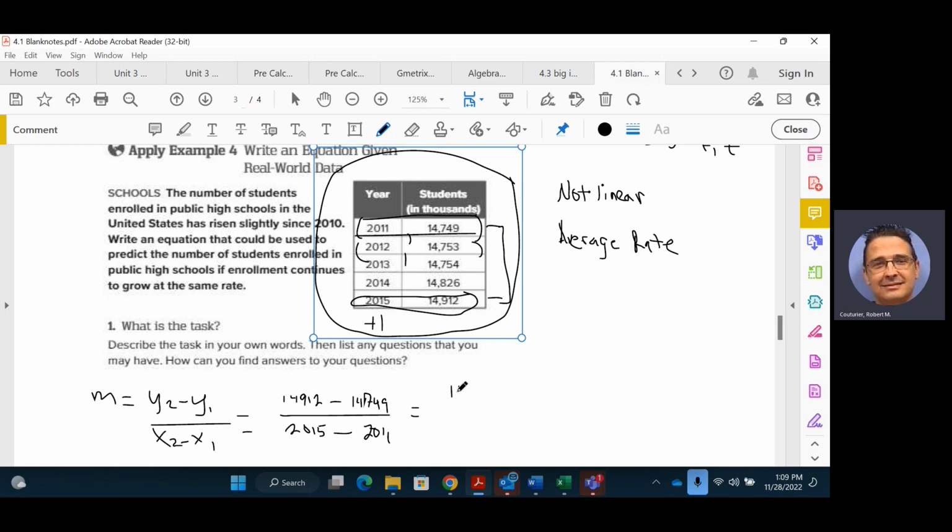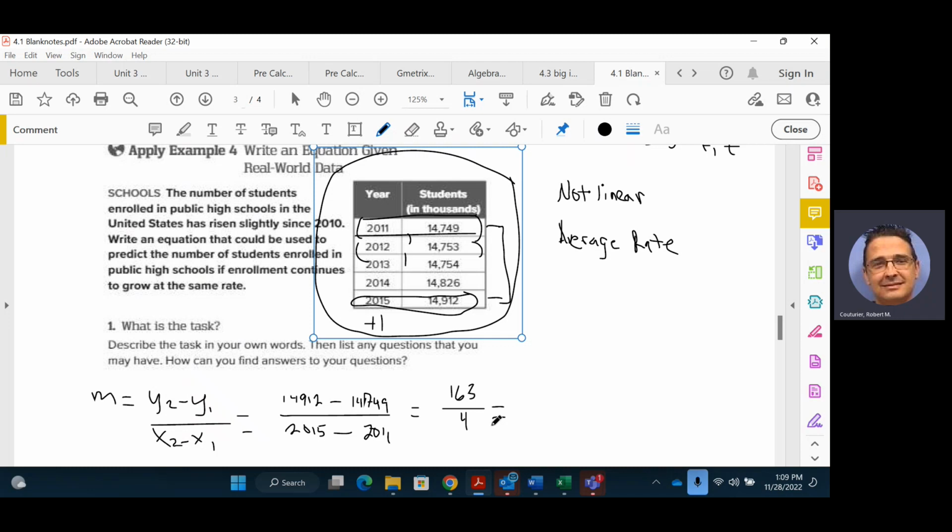And 163 over 4. Well, again, you could use your calculator to reduce. Notice you're going to do 163 ABC 4. It gives you a mixed number, and you hit the second ABC button, and it comes right back to 163 over 4. It doesn't reduce.